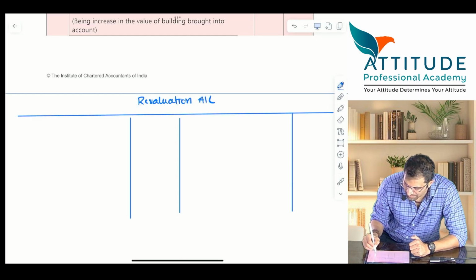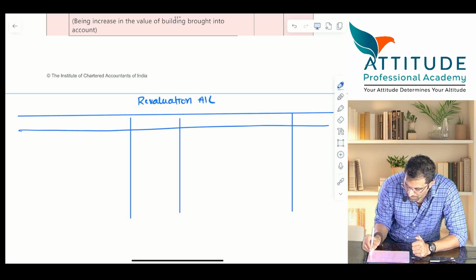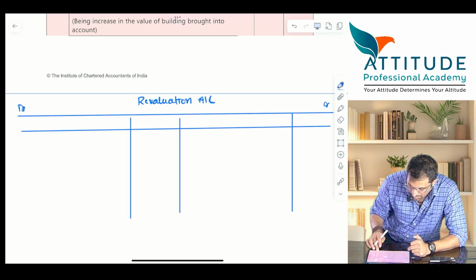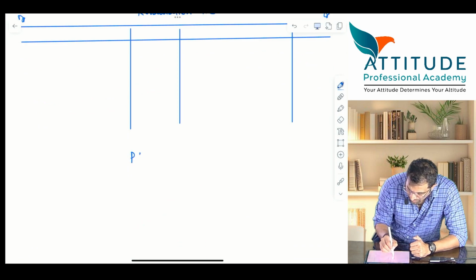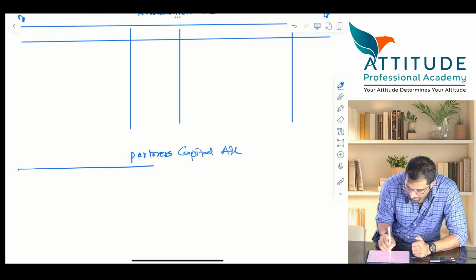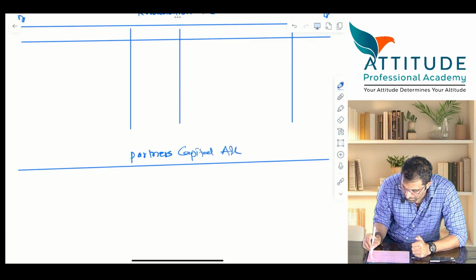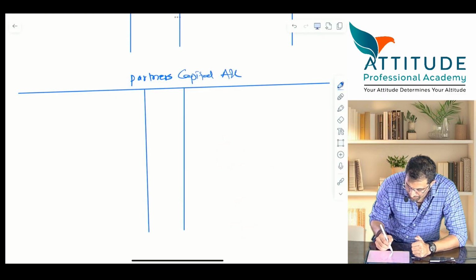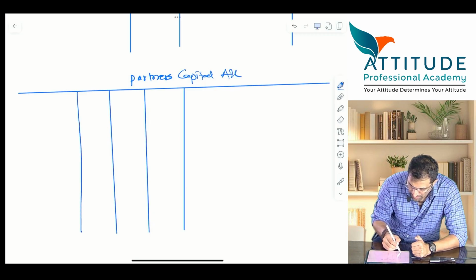Five, 6 lines, not more. Then partners capital account. How many columns? 3. 3 columns for partners.